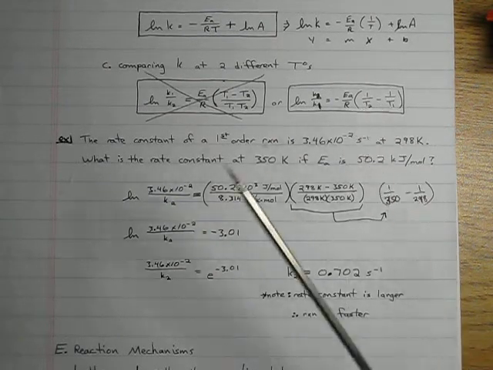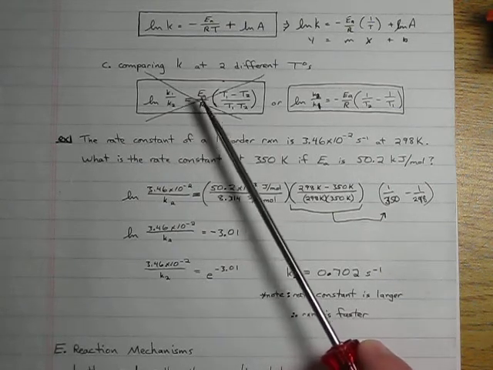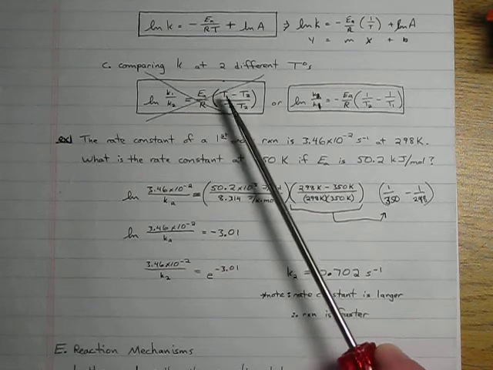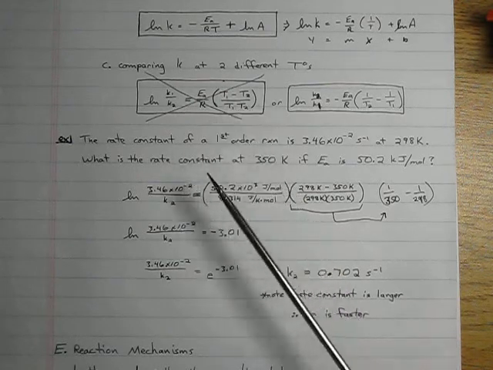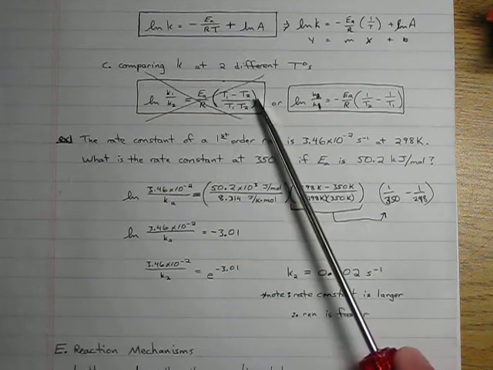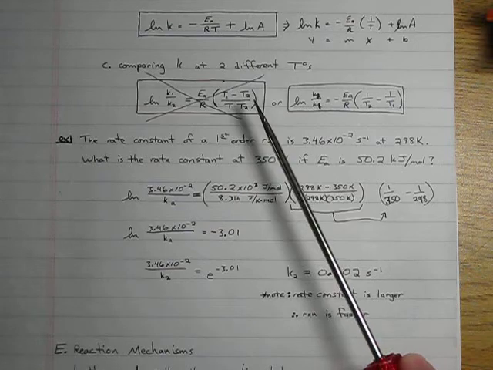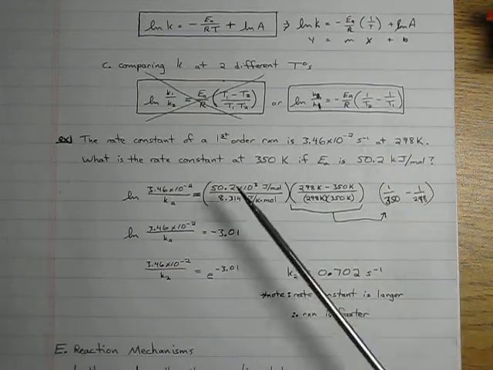Different books will have it this way: ln of k1 over k2 equals Ea over R times T1 minus T2 over T1 times T2. Believe it or not, this expression, T1 minus T2 divided by T1 times T2, gives you the exact same answer as 1 over T2 minus 1 over T1.